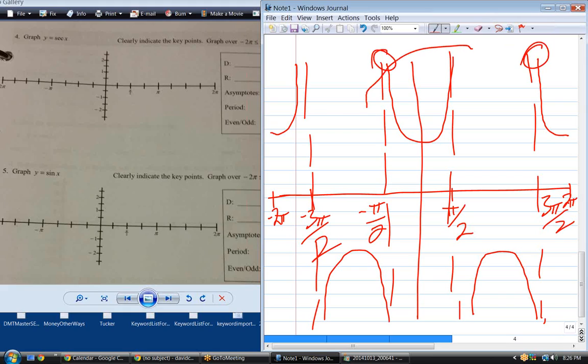Don't make the mistake of thinking that's one period. It's that one combined with this one down here that make it one period. And going from minus pi over 2 to 3 pi over 2 is 2 pi. So, odd, even? Even.